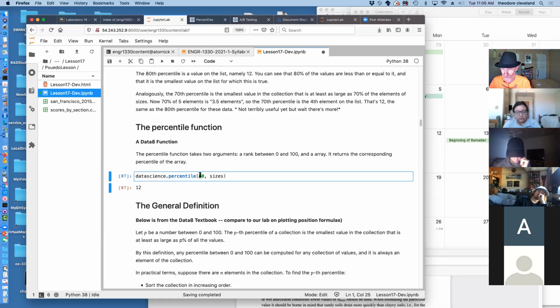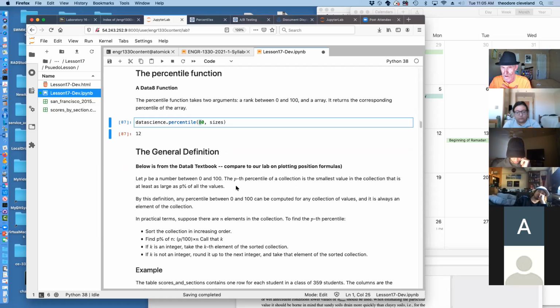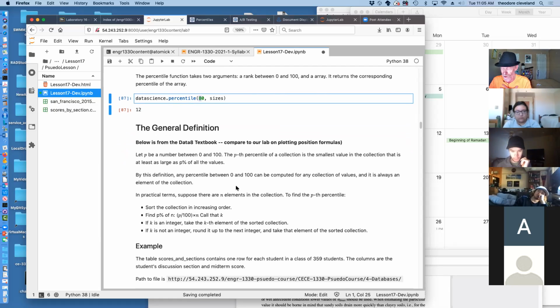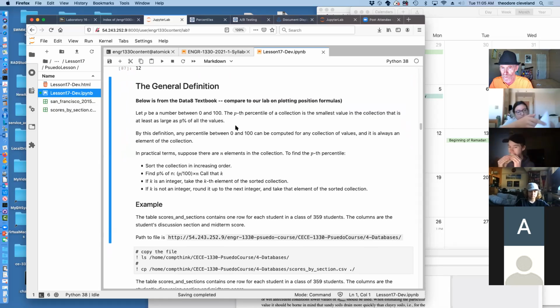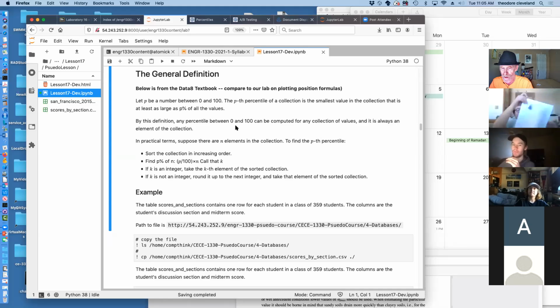So their percentile function is not doing any interpolation, which is why we often fit data models to our plotting position formulas, because all we have is these percentiles from our data, but we also have the ability to pass a function through that data and then make inferences from the function. And that was the whole part of the data modeling.